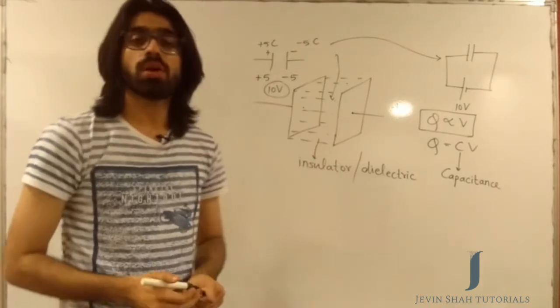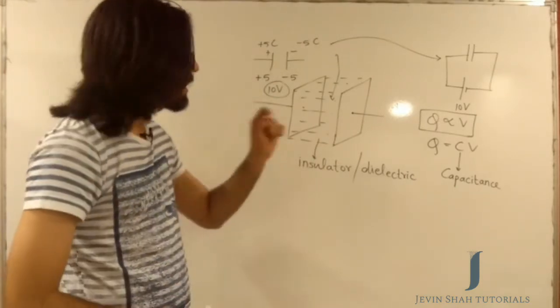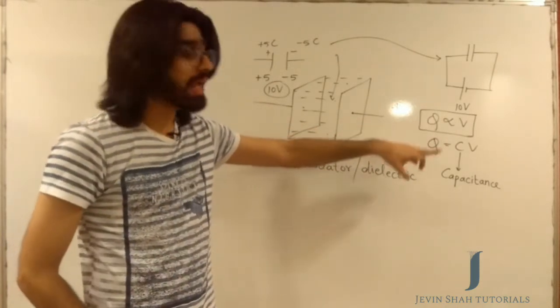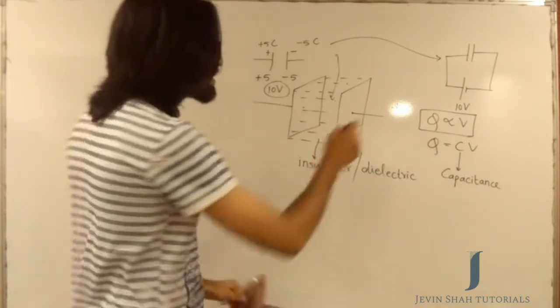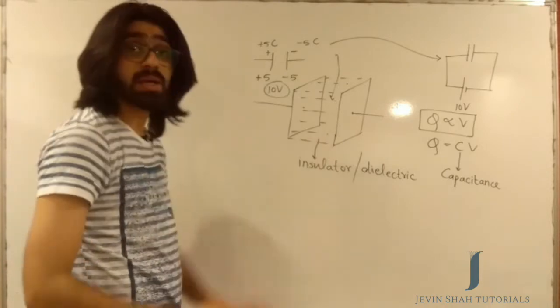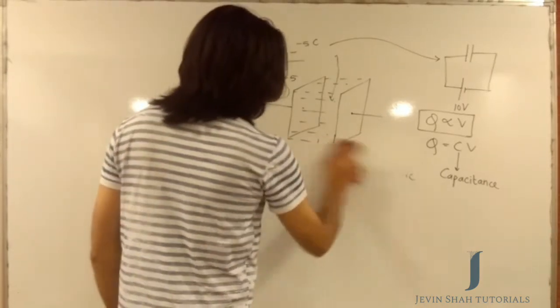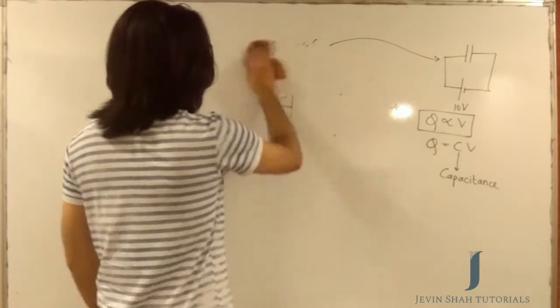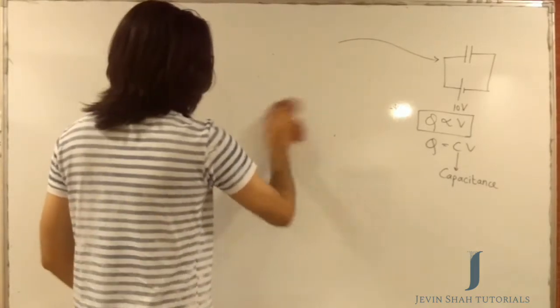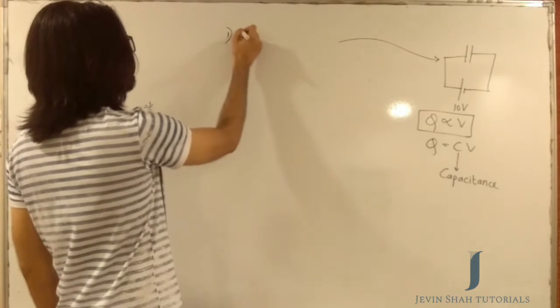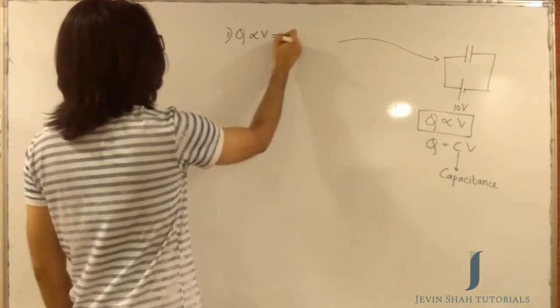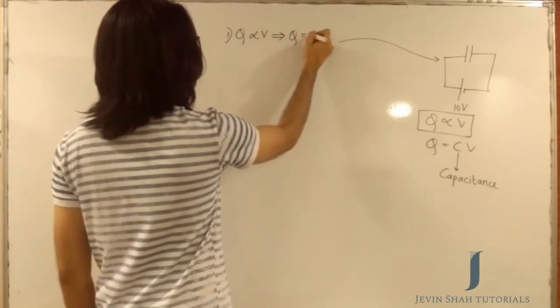So this is where you are learning your first formula in capacitance, that is Q is proportional to V, and because Q is proportional to V, Q will be equal to CV, where that C is the constant of proportionality called the capacitance of a capacitor. Let's make a list of all the formulae like we have been doing in all the previous videos. The first formula: Q is directly proportional to V. That tells you that Q will be equal to CV.